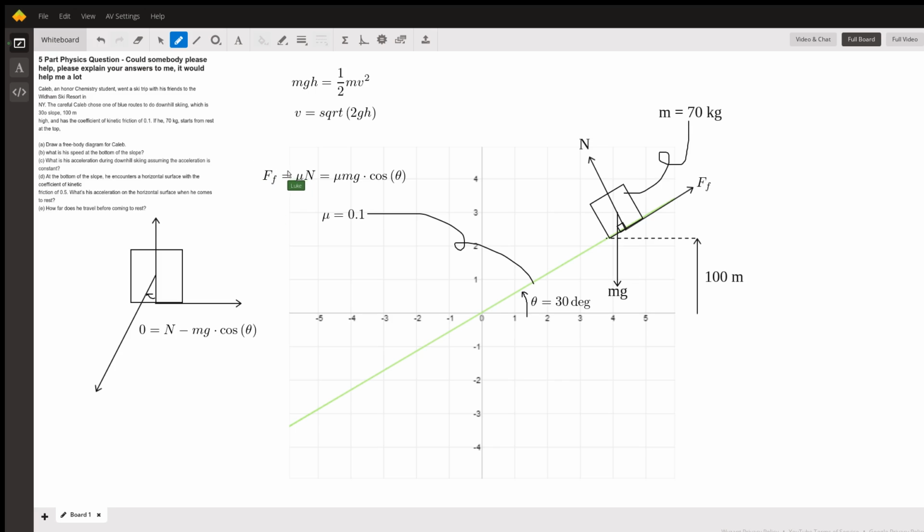And then off of that, you have to do the forces and accelerations in the x direction, where there's going to be some acceleration along that path. Gravity in this instance is helping you get down the slope, and friction is trying to stop you.